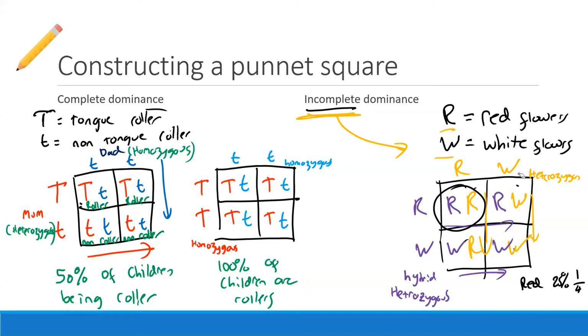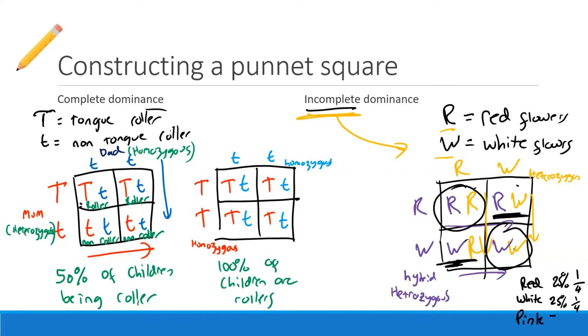If we have a look at the white in the bottom corner, there's only one way to get a white flower. That means it's a 25% chance of getting white. It's 1 out of 4. But if I look at this one over here, red, white, red, there are 2 ways to get pink.